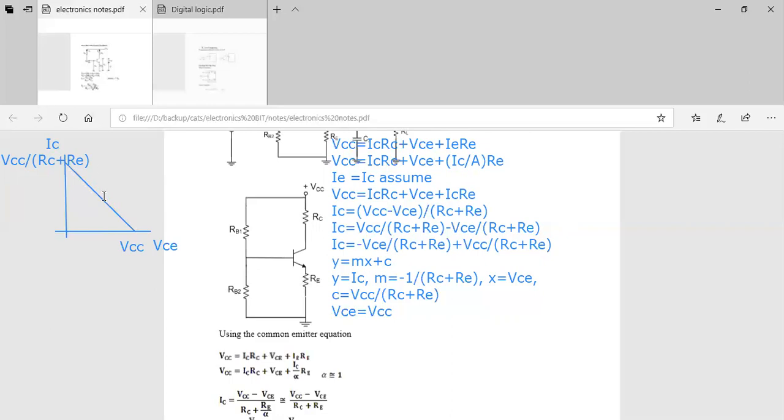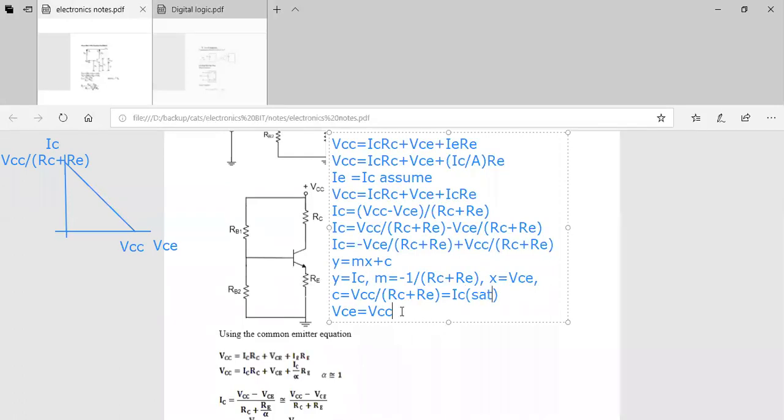Please know that this line is what we are calling the DC load line. This value is usually called IC sat, IC saturation, as in it means saturation.